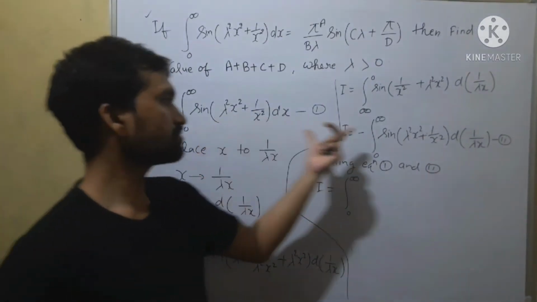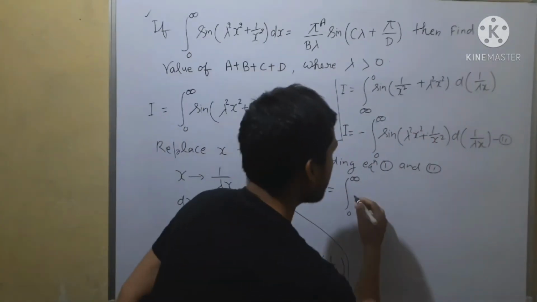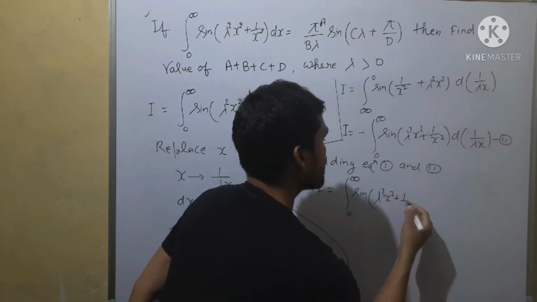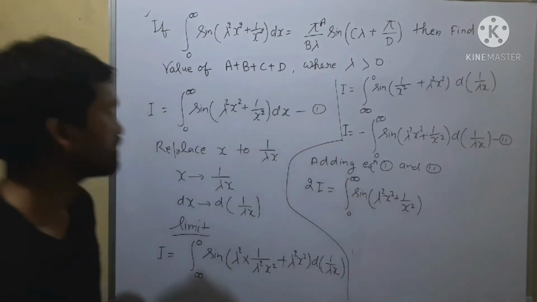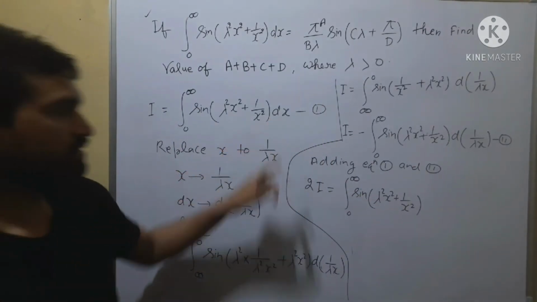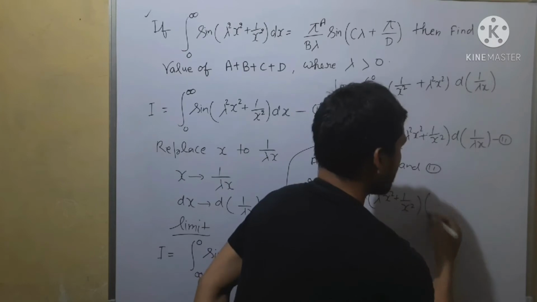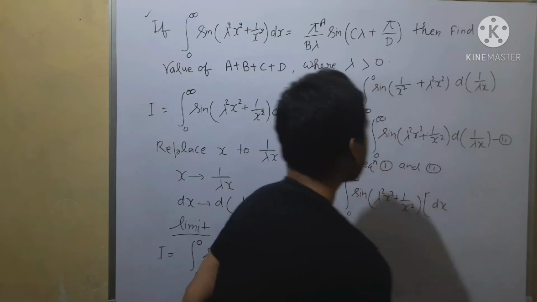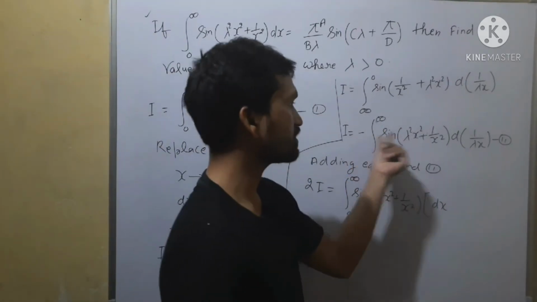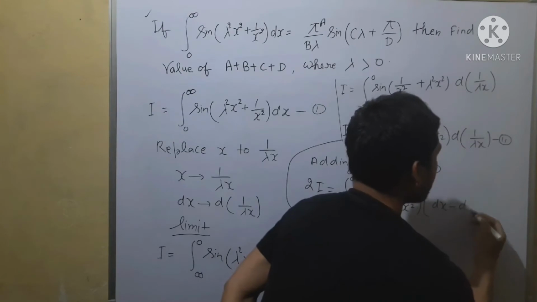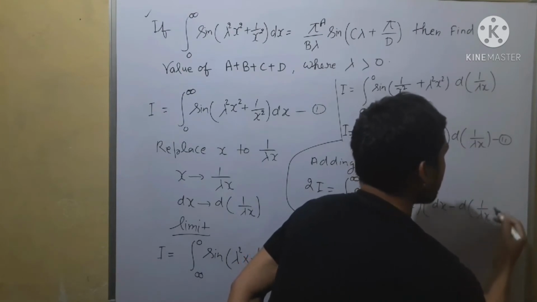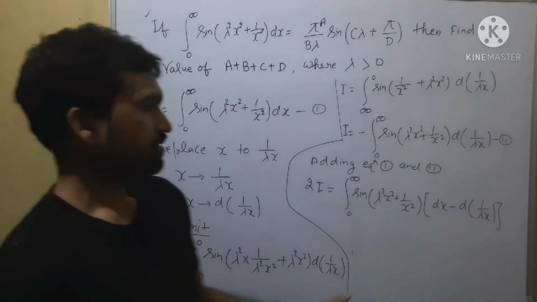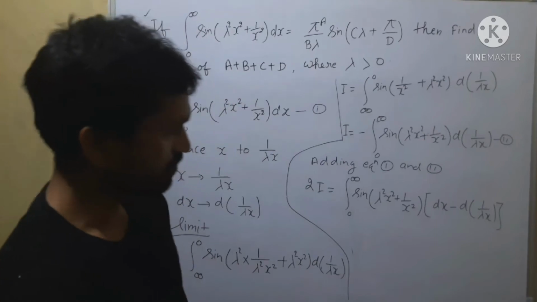So these terms will be common. So we will take sine of lambda square x square plus 1 by x square, and after taking common it will be dx, and here it will be minus d of 1 by lambda x. Okay guys, no doubt.